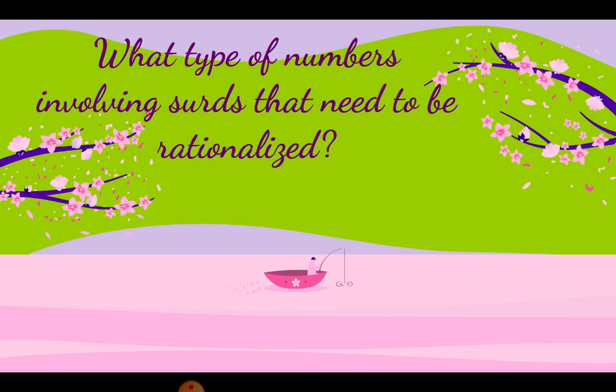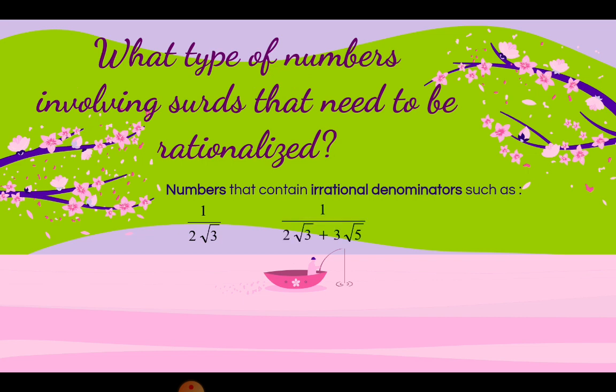Okay, what type of numbers involving surds need to be rationalized? Numbers that contain irrational denominators such as 1 over 2 surd 3, 1 over 2 surd 3 plus 3 surd 5, 1 over 2 surd 3 minus 3 surd 5.